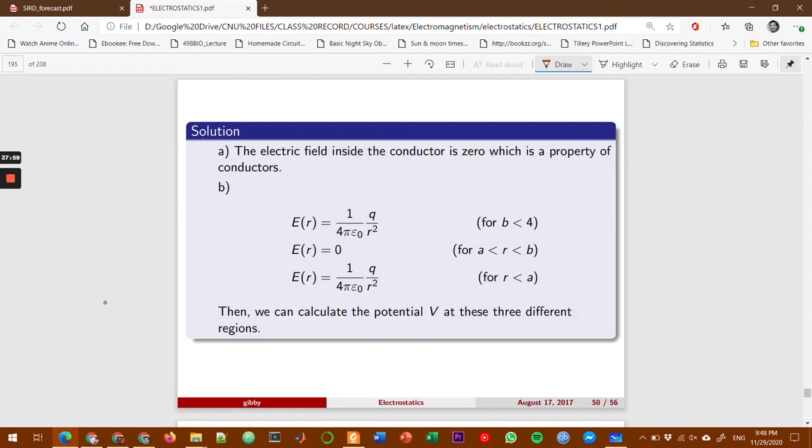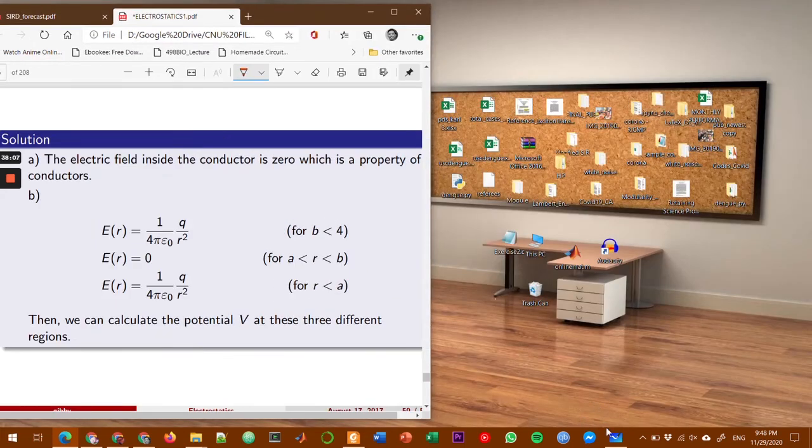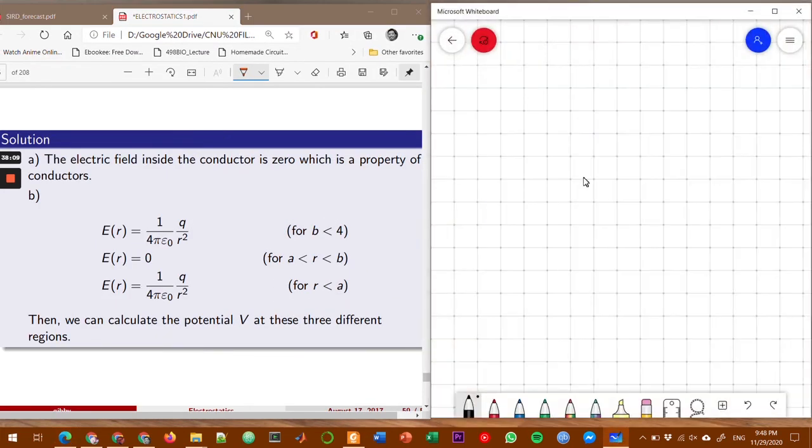Then we can also calculate the potential V at these three different regions. How do we do that? Let's calculate the potential at R greater than B. The formula is V of R equals negative integral of E dot dl.